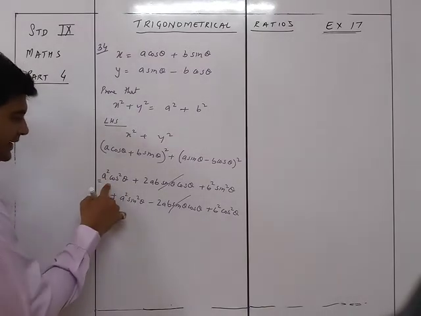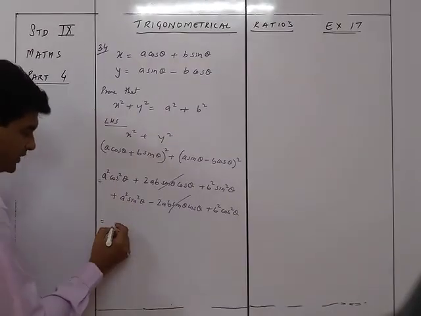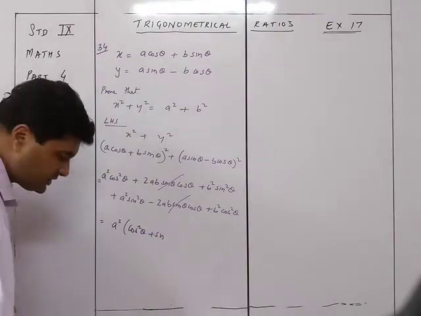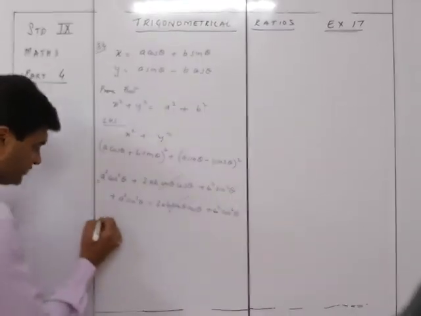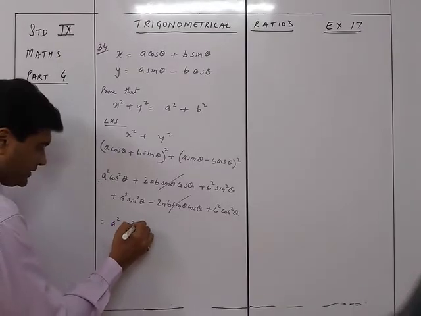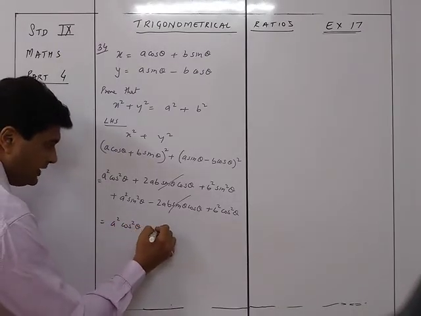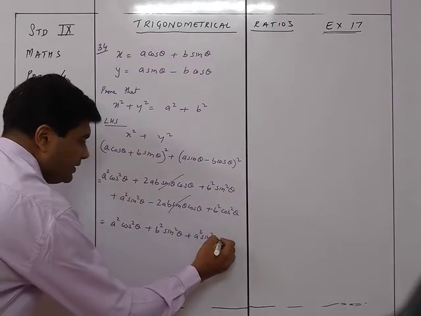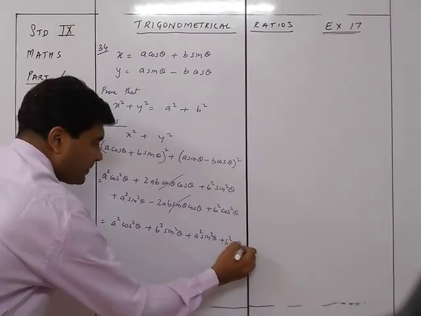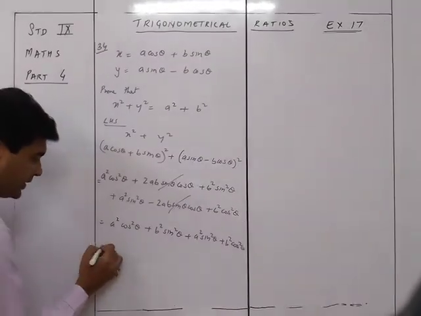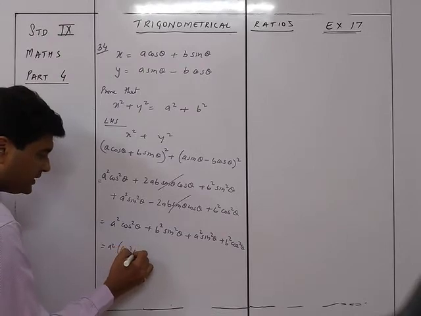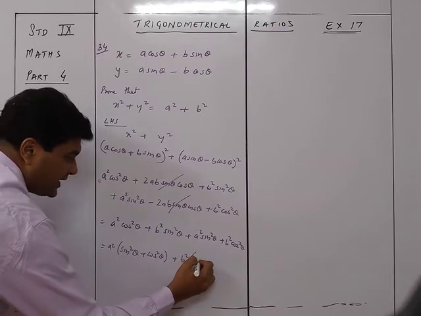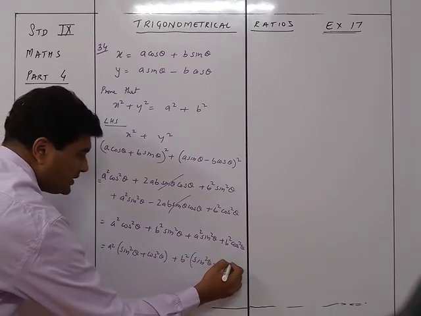What we are left with is a square cos square theta plus b square sin square theta plus a square sin square theta plus b square cos square theta. Taking these together, we get a square bracket sin square theta plus cos square theta, plus b square bracket, again sin square theta plus cos square theta.